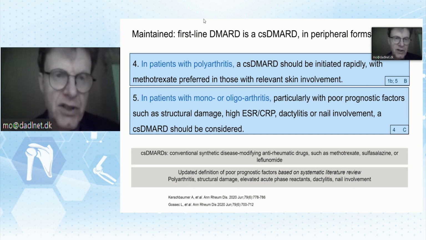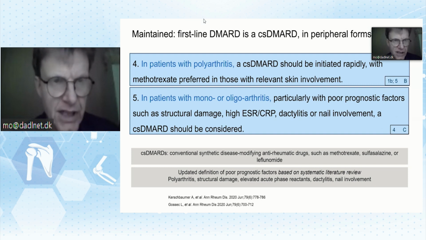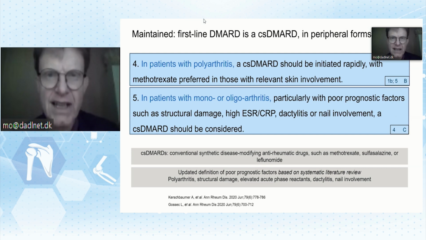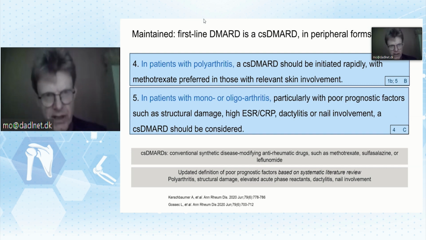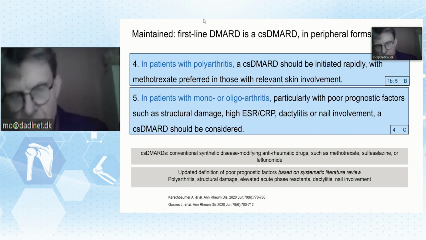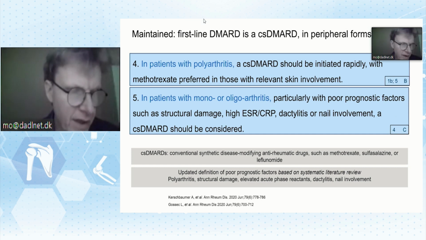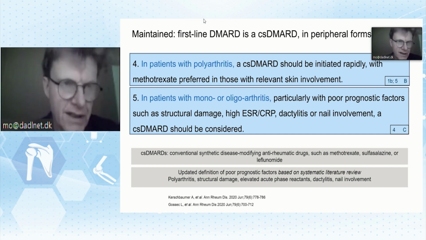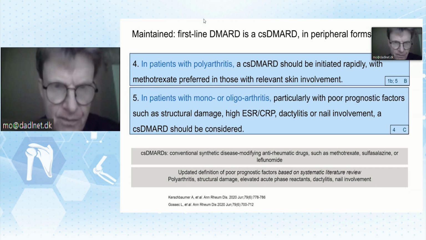While in those patients who have mono or oligoarthritis, there is not really that much evidence for conventional DMARD use, and therefore it says it should be considered, which actually means that you could think of not giving it, because it's not necessarily effective.